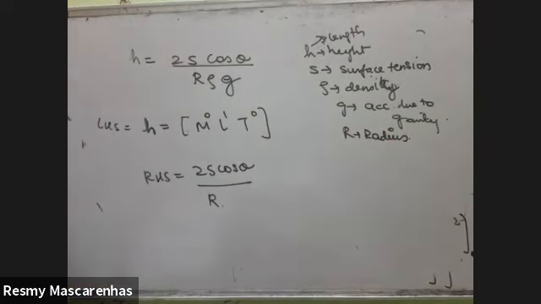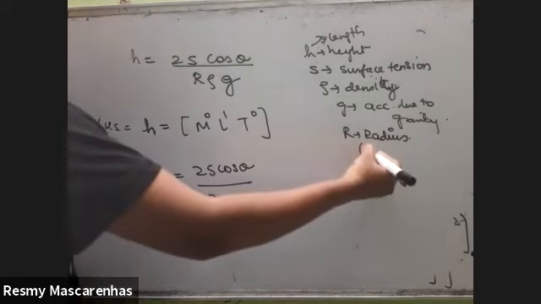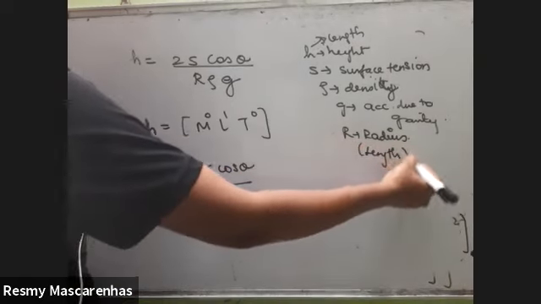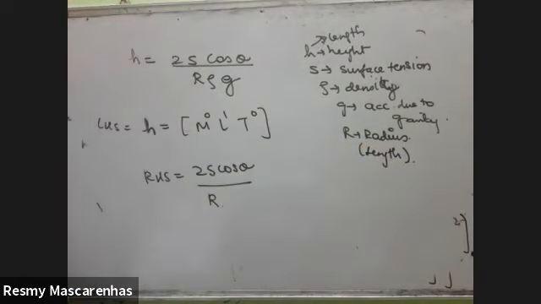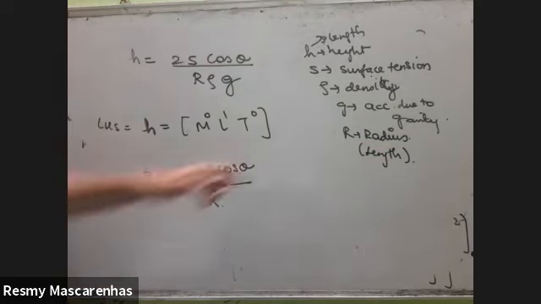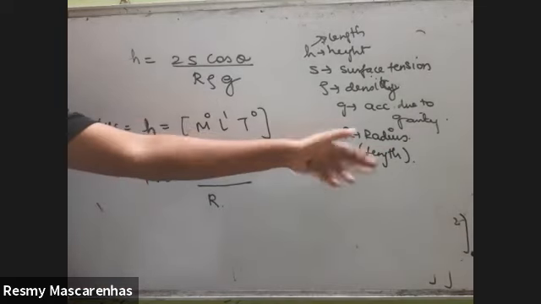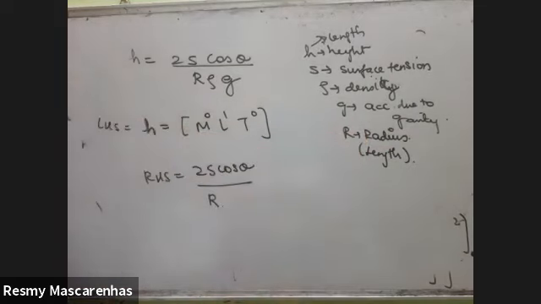Can anyone tell me what dimension we will take for radius? How do we measure? Yes, length. So radius will obviously be in terms of length. In exams they will not specify, it's understood. You have to know radius, how we measure, like length in terms of distance.